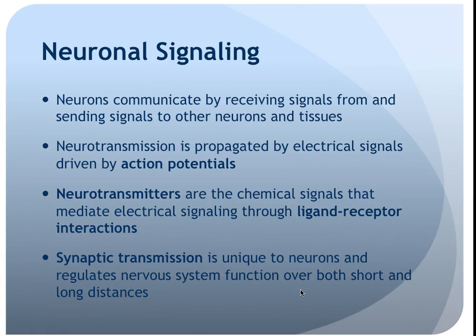Okay. Now, how do neurons signal? These are the basic big ones. They do communicate with each other rapidly and often, and they do this by receiving and sending signals not only from other neurons but also from different cells and other kinds of tissues. So, for example, we have neuromuscular junctions. So we have a neuron that will synapse with a muscle tissue and will actually propagate an electrical impulse throughout the muscle tissue that will cause an increase in calcium that will cause contraction of skeletal muscle.